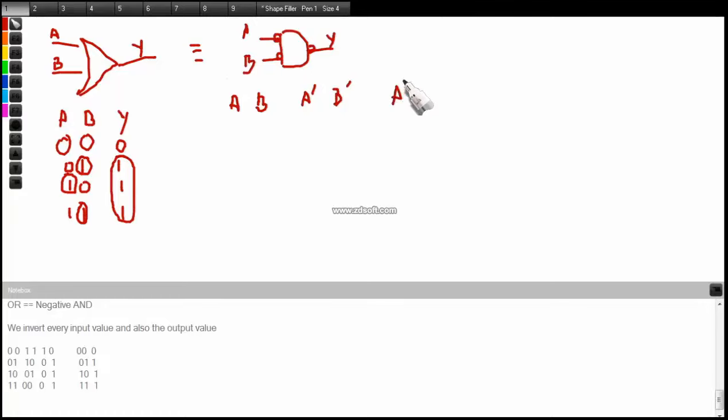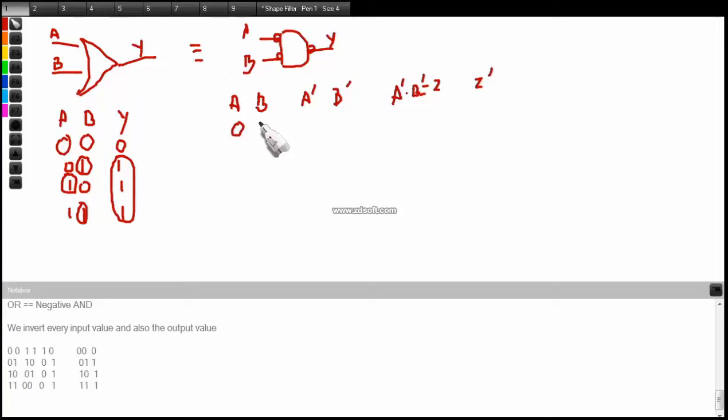So it will be A naught dot B naught, and finally the output will be inversion of this. Let us take it as Z. Okay, so the final output will be Z inversion.